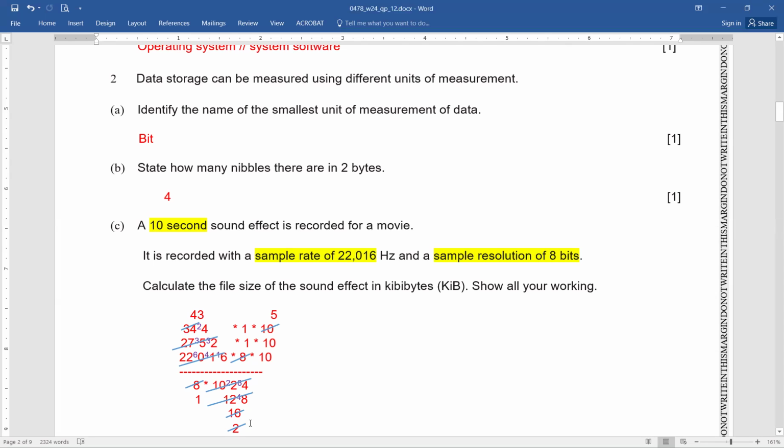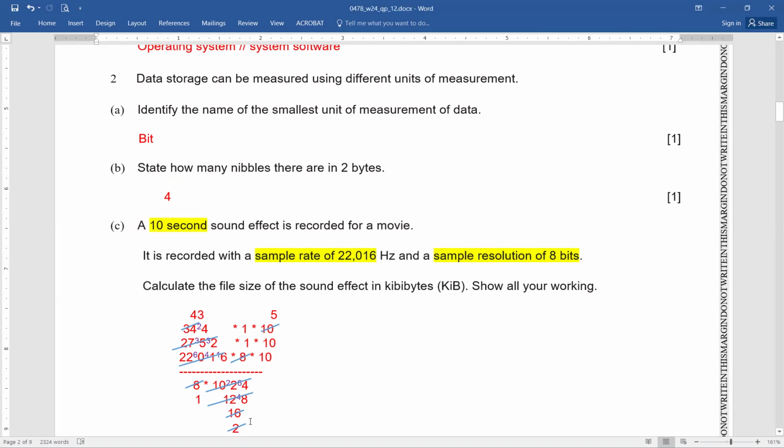And now we can cancel it very easily by 2. 8 times 2 is 16, and 8 times 43 will be giving me 344. 8 times 4 is 32, 2 remainder, 24. 8 times 3 is 24, and I got 43 in the numerator, 16 in the denominator.